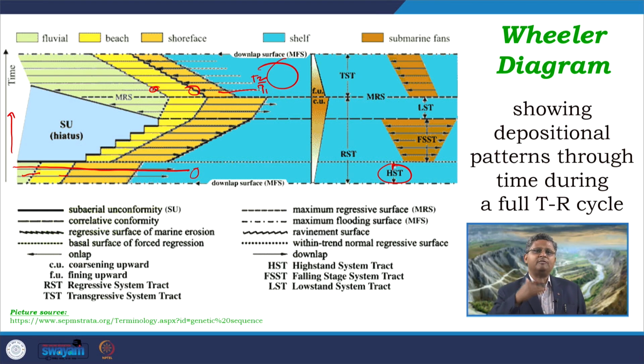So, this is a kind of representation of the distribution of different depositional systems along time. When you merge these time planes one after another, you get this diagram. So, this is one of the very popular way of representation, particularly understanding of the distribution of different depositional system within a basin across time.